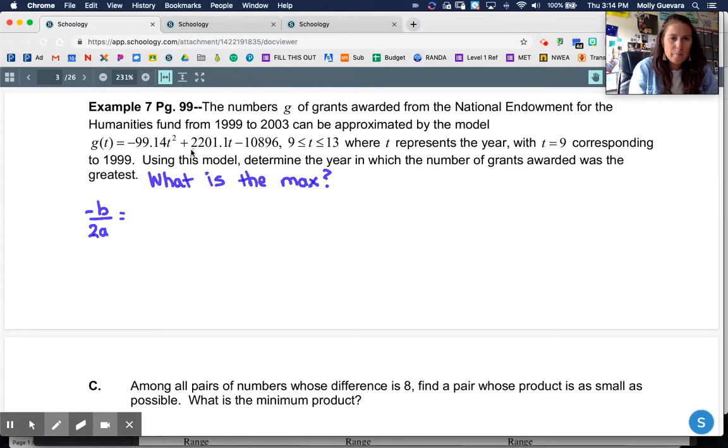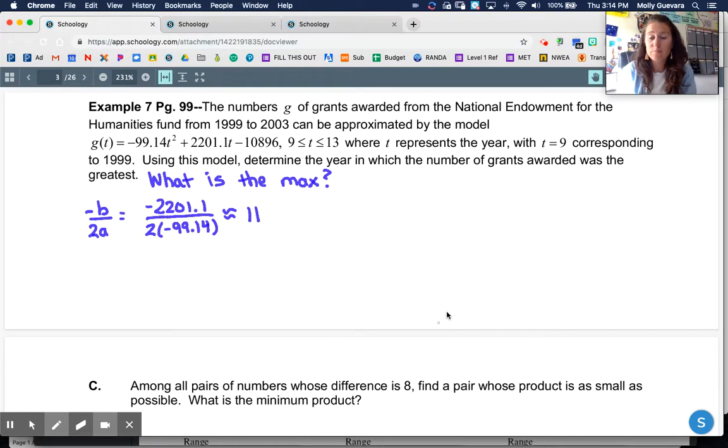Well, my b is 2201.1, so this is negative 2201.1 over 2 times, and my a is negative 99.14. Just seems kind of messy, right? Which if I enter this into my calculator, I get about 11. So what year equates to 11?